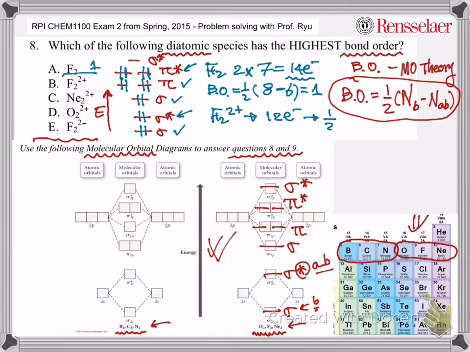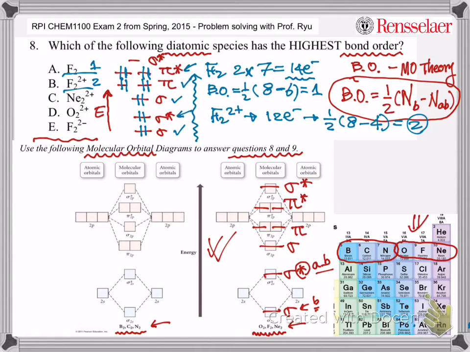If you count the 12 electrons from the bottom to the top, you'll find 8 in the sigma and pi bonding orbitals, and then there is 2 in the pi star, so there will be 4. Overall, you have a bond order of 2. So this one has a higher bond order than the one in the case of A.